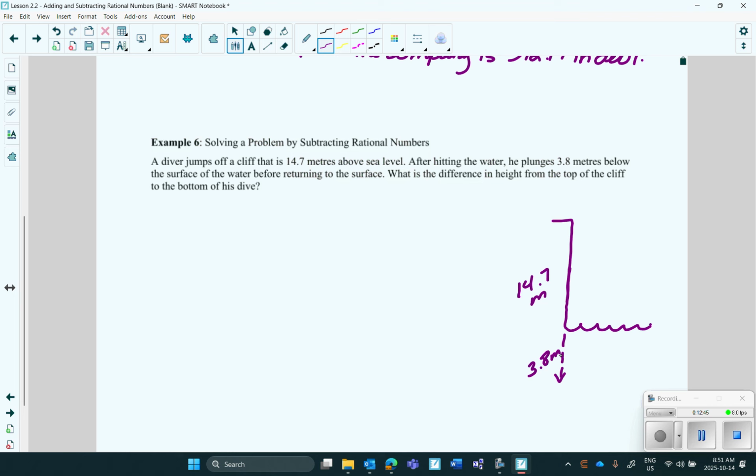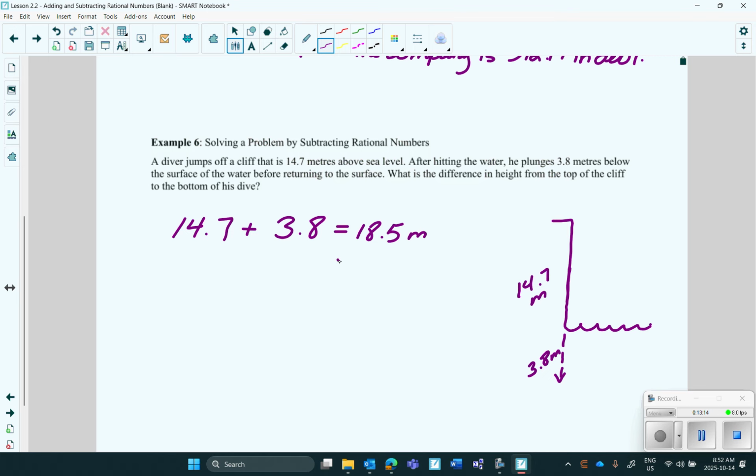So how would you figure out the total length of his dive from the top of the cliff to where he bottoms out before coming back up? Romy? Yeah, you can just add those two together. Right? And then we would get 18.5.